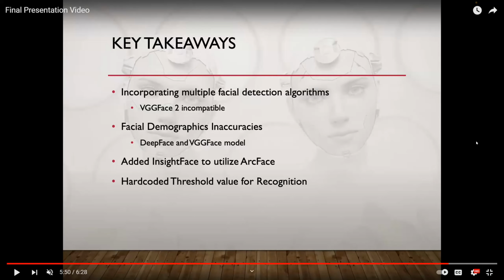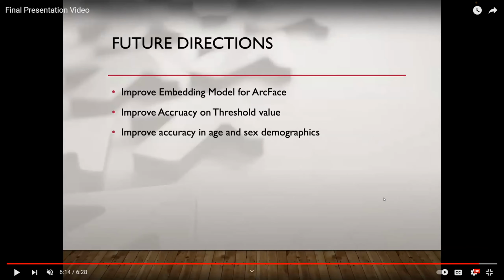I also had a hard-coded threshold value, which kind of determines the accuracy of the facial recognition. So moving forward, I'd like to create an algorithm that bases off those inputted embedded images a more accurate value, so I don't have to hard code that value for the threshold. And then also I want to improve the embedding for the model through ArcFace.